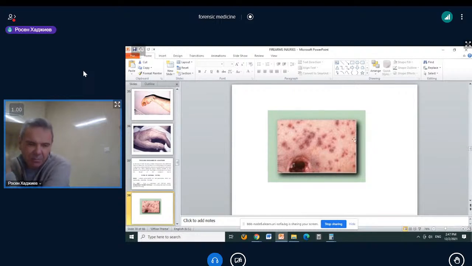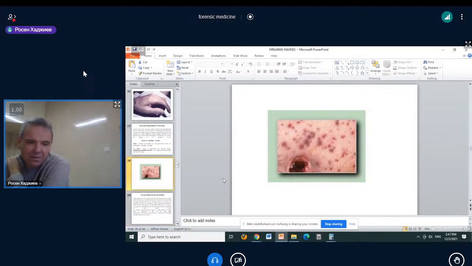These unburned metallic particles, some of them, of course, are embedded inside the skin. The others leave these small abrasions and bruises. All this picture is called tattoo. Gunpowder tattoo. It is the term in Bulgarian, but I think it's the same in Western books.